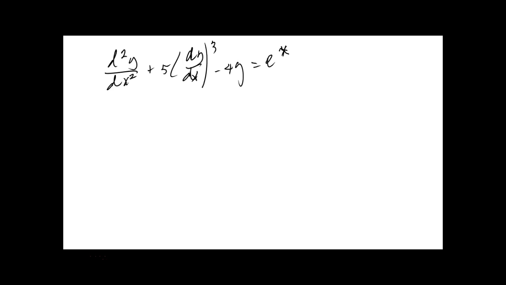Now, we will do some like this, and that's why they make a special mention of it. M(x,y) dx plus N(x,y) dy is equal to 0.